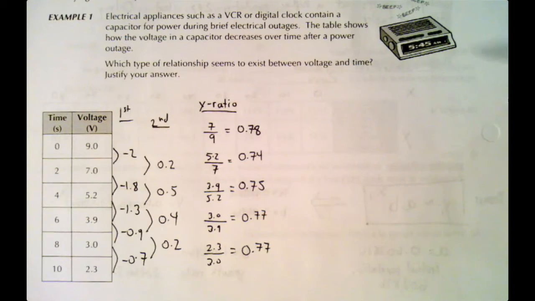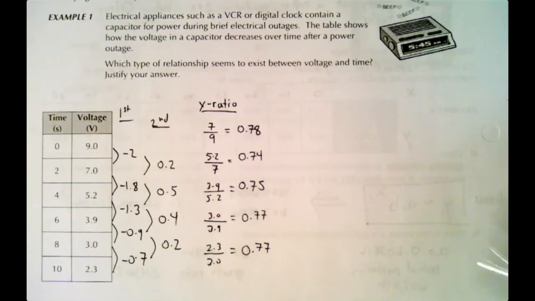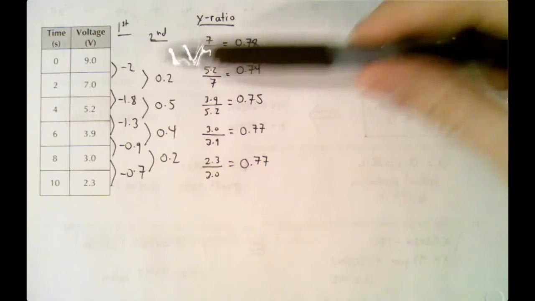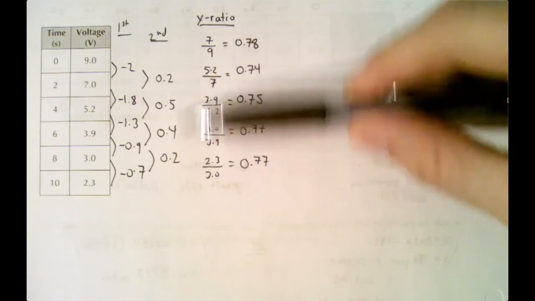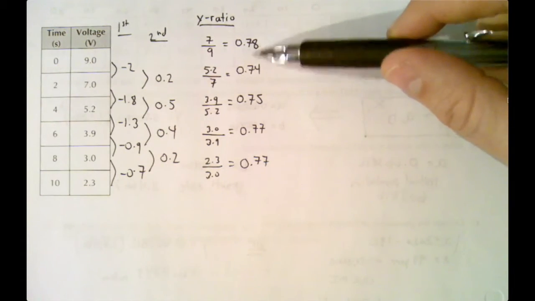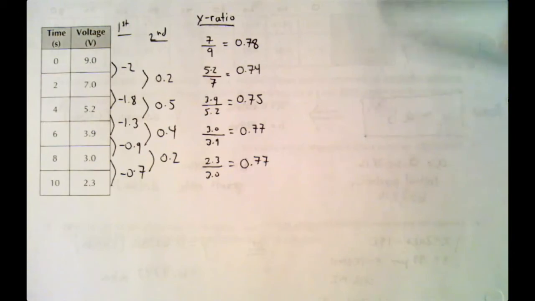So we don't have a perfect match for a line, a parabola, or an exponential curve. But what we can do is pick the best model. So which one's closest? Well, the differences of 0.2, 0.5, 0.4, and 0.2 are a little off. If we rounded the Y ratios to one decimal place, these would all be 0.8, 0.7, 0.8, 0.8, 0.8. Those are pretty close.